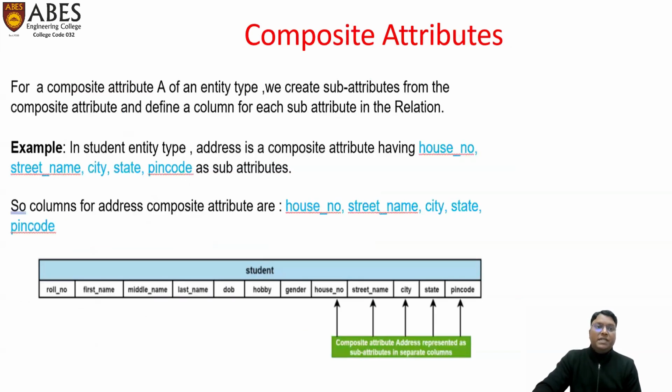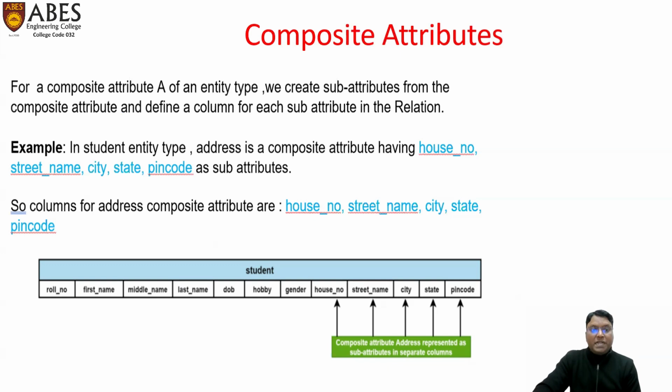Composite attribute. For a composite attribute A of an entity type, we create sub attributes from the composite attribute and define a column for each sub attribute in the relation. For example, in the student entity type, if you remember the table, or if you don't remember, you can see in the diagram where the student entity type address is a composite attribute having house number, street number, city, state, and pin code as sub attributes.